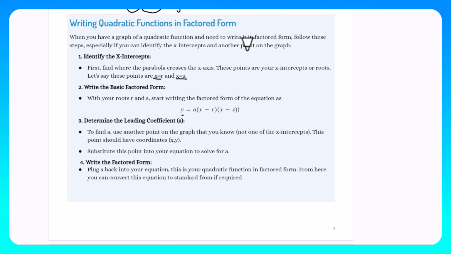We are then going to write it in this factored form, but we need to find what the a is. We're going to use another point on the graph that we know, but not one of the x-intercepts. And this point should have coordinates x and y. We're going to substitute those back in to solve for a, and that new a, we're going to pop back in to the formula and rewrite it out in full.